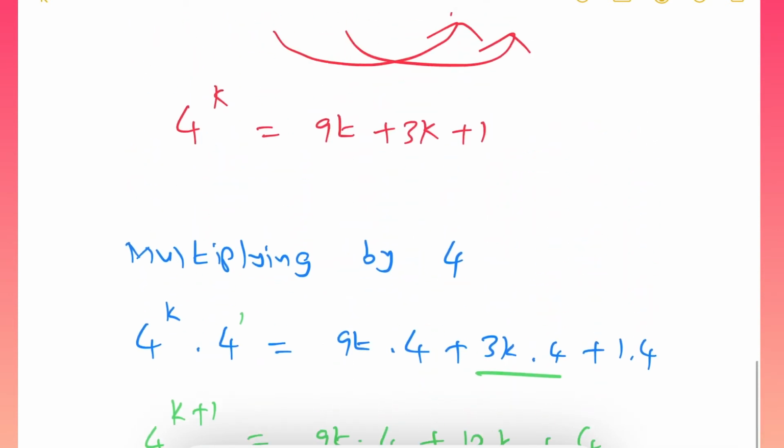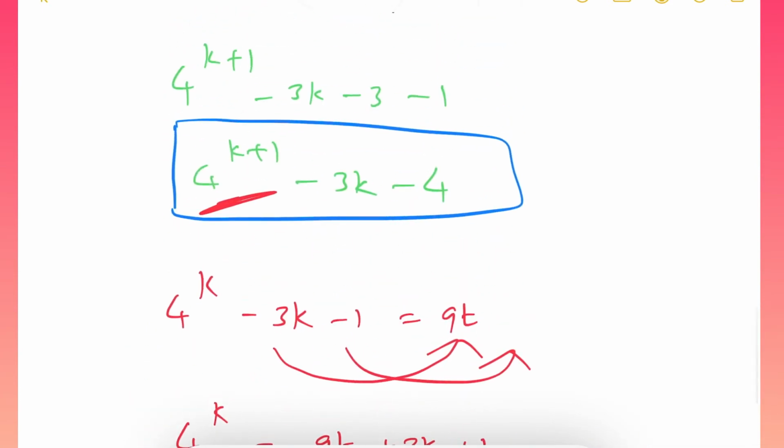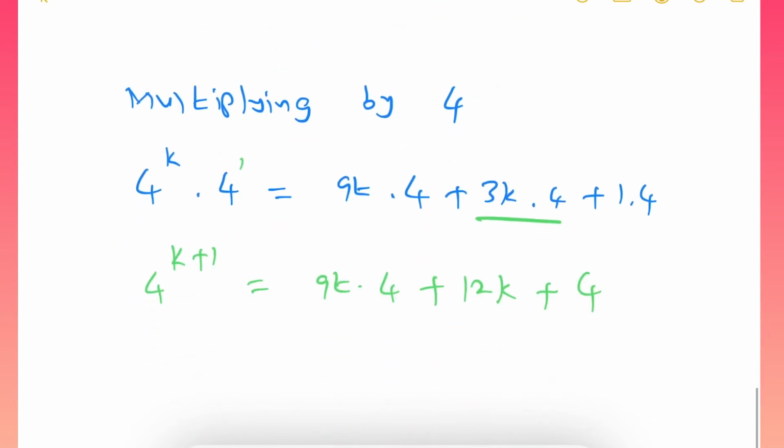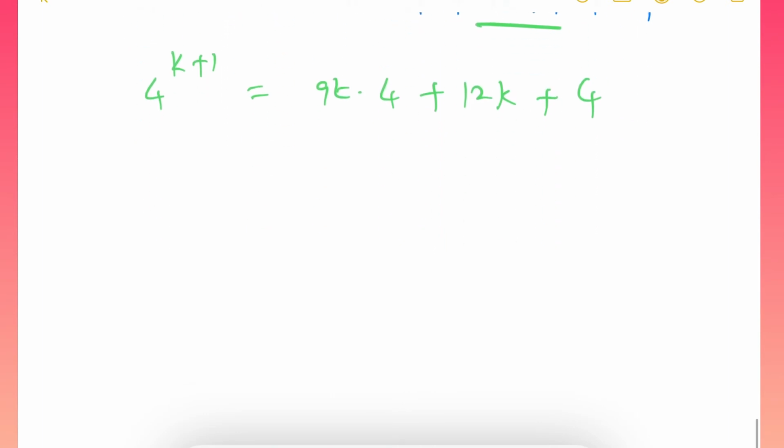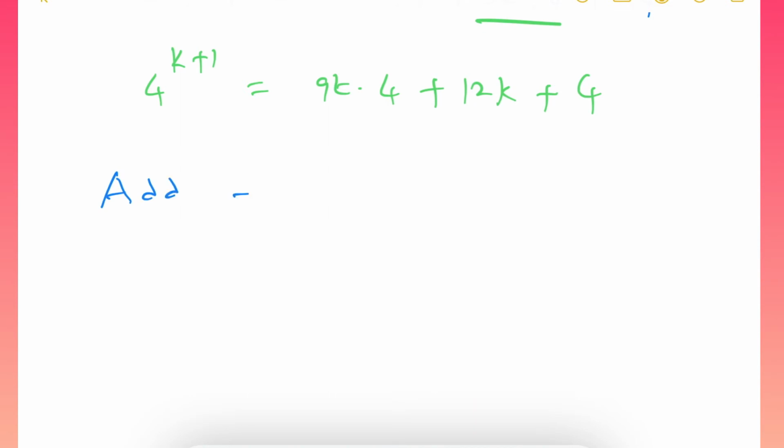Okay, now we need to prove that 4 power k plus 1 minus 3k minus 4. Here 4 power k plus 1 is there, but still we need minus 3k minus 4. So add minus 3k minus 4 to both sides of the equation.